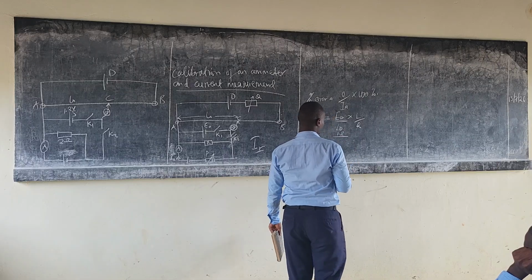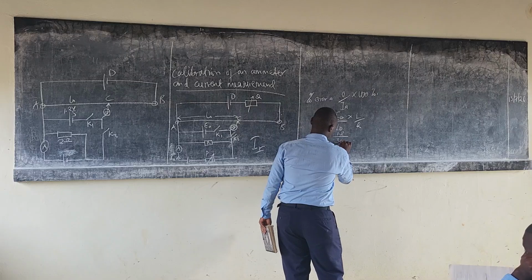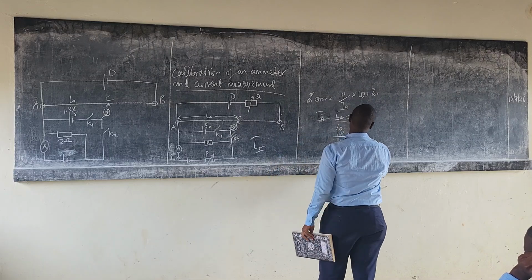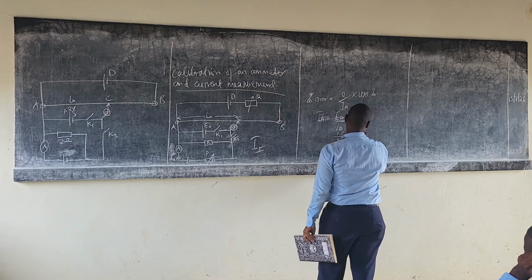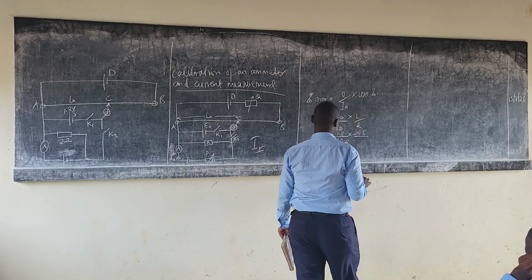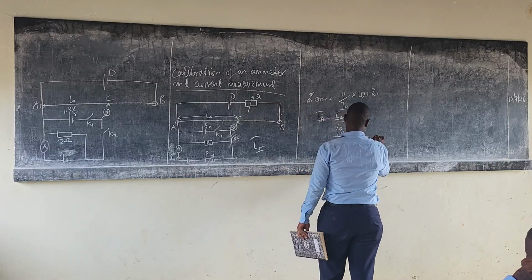Then our L naught is 30.2, L is 26.8, then our R is 2. Okay.